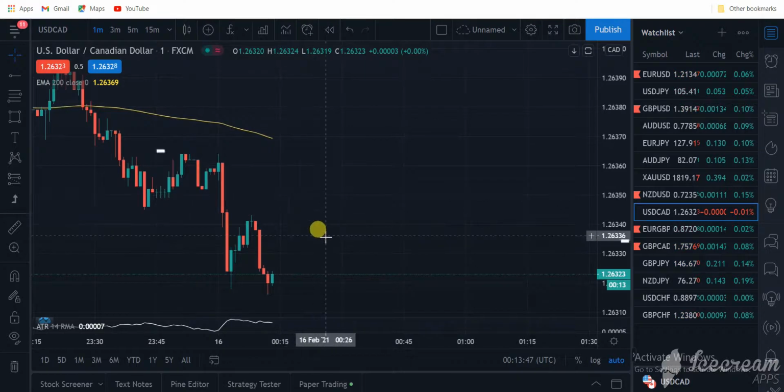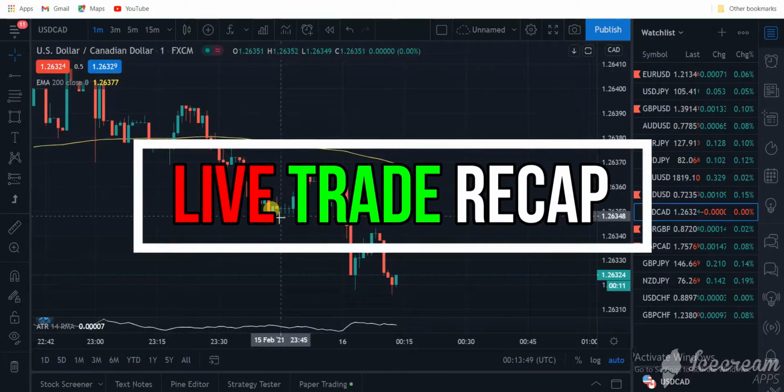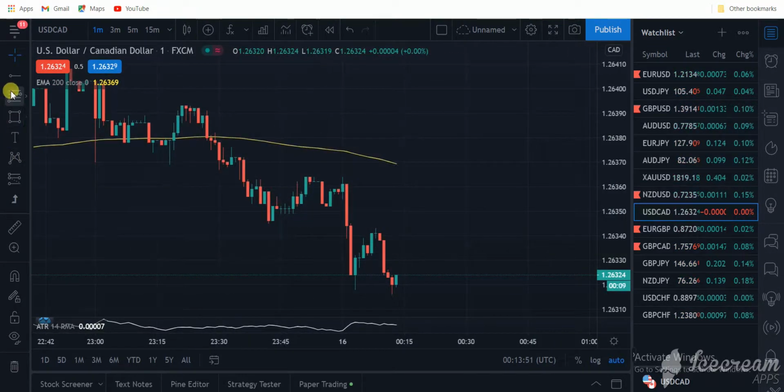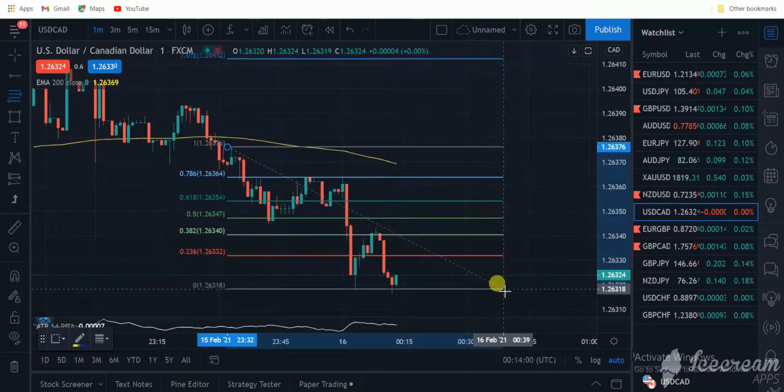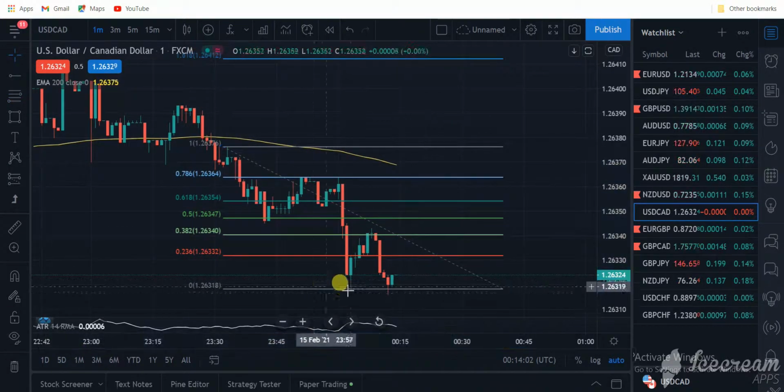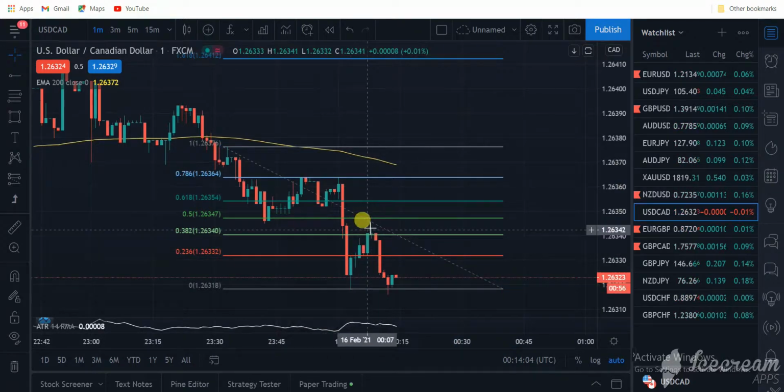So guys, just a quick trade recap. As you can see, like I said, the market broke out from the 200 EMA line, and I drew my Fibonacci tool from where the price retreated, from that strong bullish candlestick straight down to the recent market lows where the price retraced from, and I saw that beautiful engulfing candlestick.